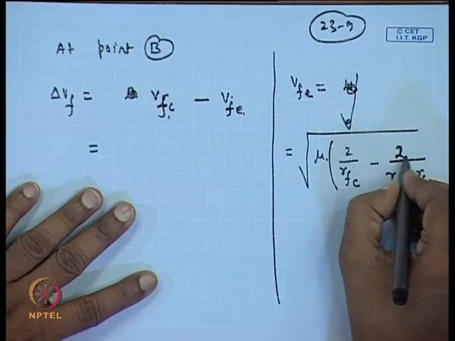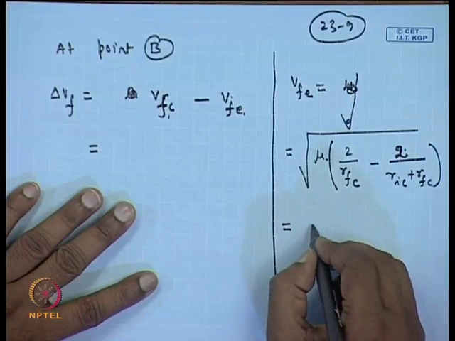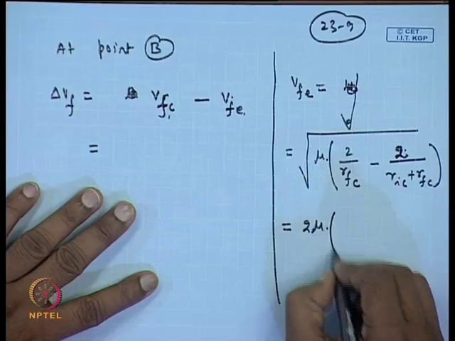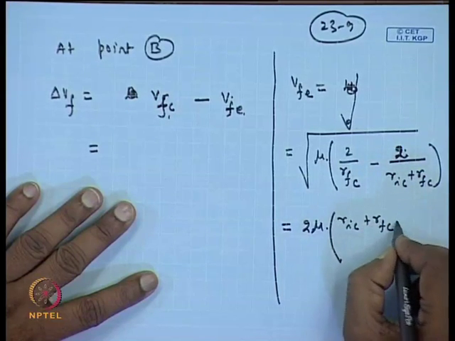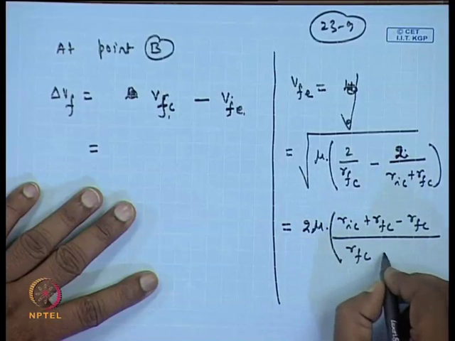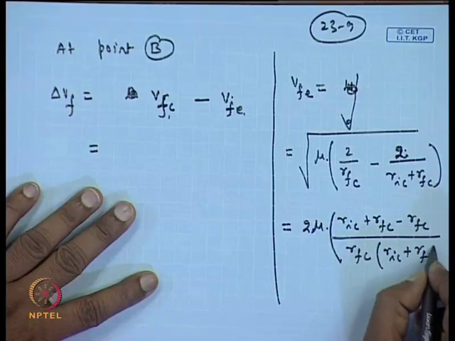So, 2 goes into the numerator. This gives us mu times 2 R I c plus R f c minus R f c, divided by R f c times R I c plus R f c.